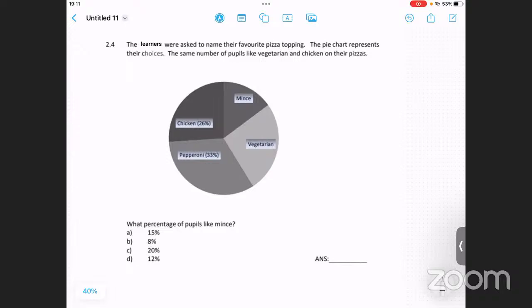I said 33 plus 26 times 2, because they say the same number of people like vegetarian and chicken pizza on their pizzas. So you said 26 and 33 times 2. I said 33 plus 26 times 2.